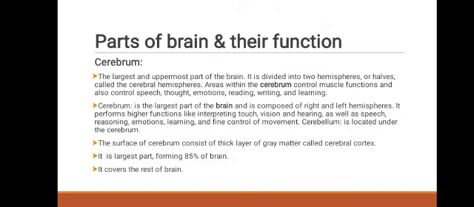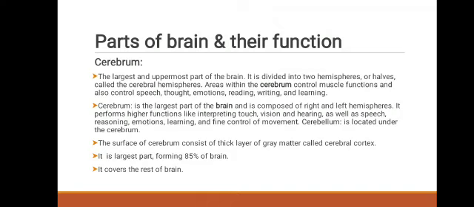The cerebrum is the largest part of the brain and is composed of right and left hemispheres. It performs higher functions like interpreting touch, vision and hearing, as well as speech, reasoning, emotion, learning and fine control of movement.